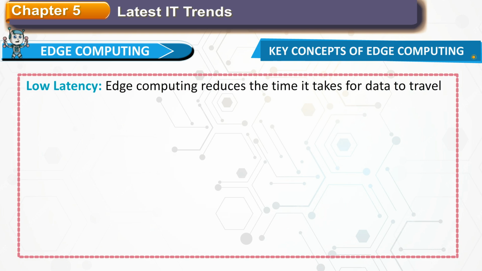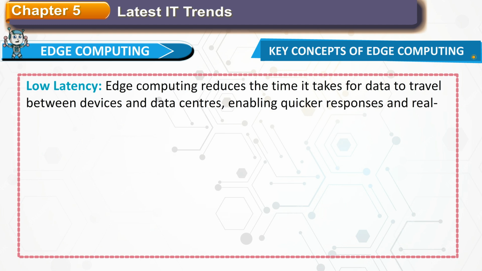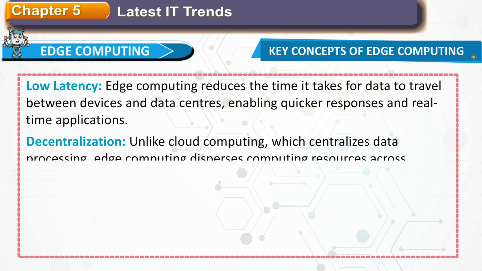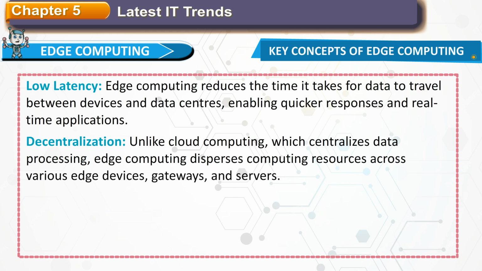Key concepts of edge computing. Low latency. Edge computing reduces the time it takes for data to travel between devices and data centers, enabling quicker responses and real-time applications. Decentralization. Unlike cloud computing, which centralizes data processing, edge computing disperses computing resources across various edge devices, gateways, and servers.